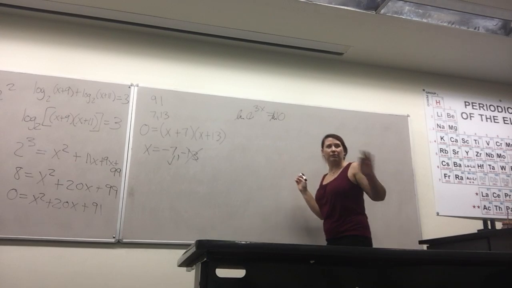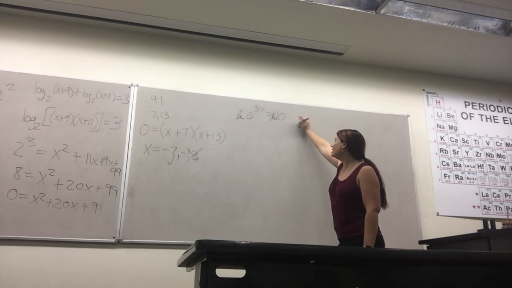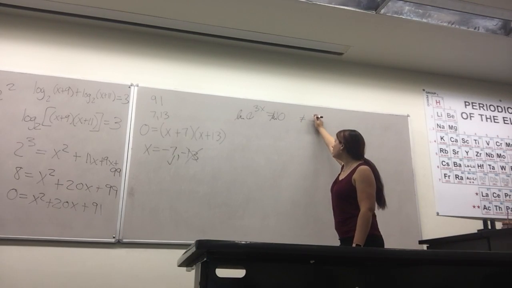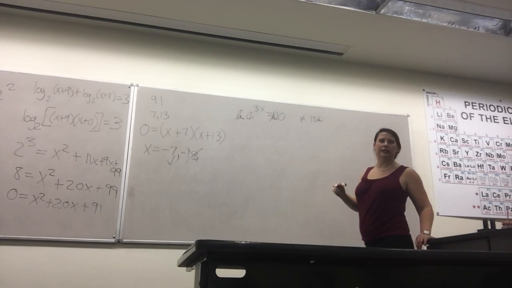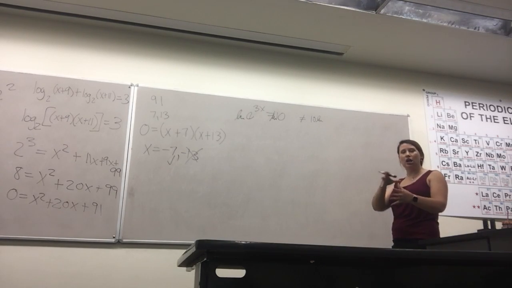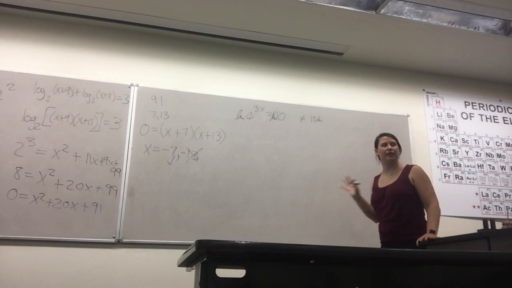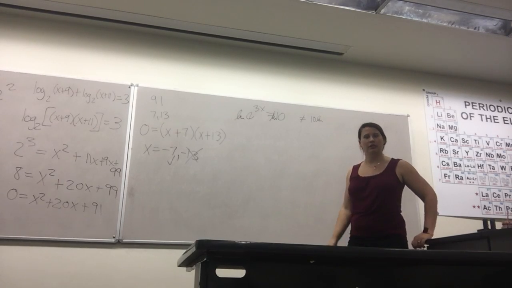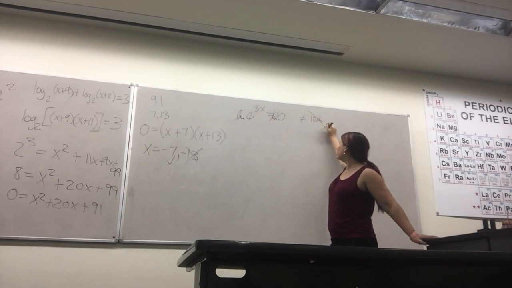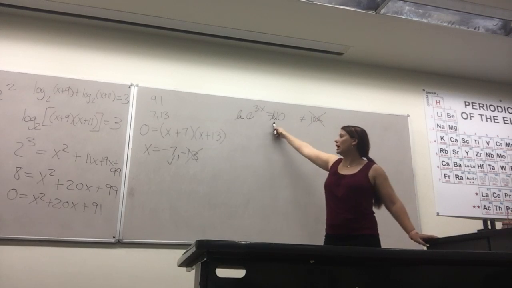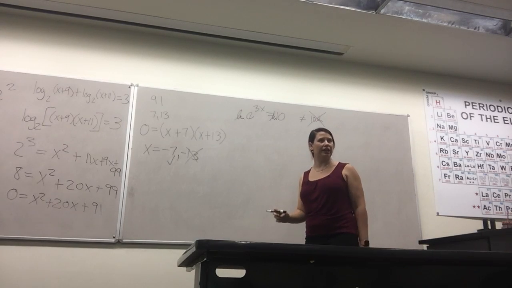Now, I do want to mention this is not the same as 10 ln. You're not multiplying by ln. You're taking ln of something. So the ln has to go first. Okay? So this is bad. Don't do that. Do ln of whatever you're saying it is.